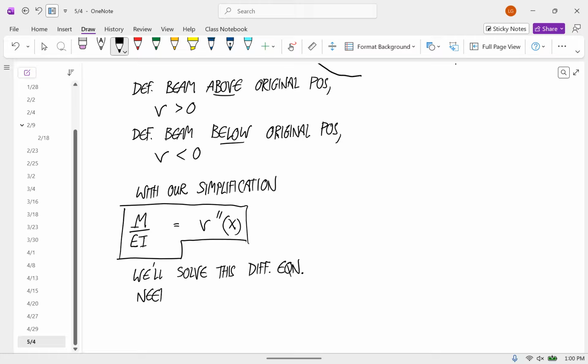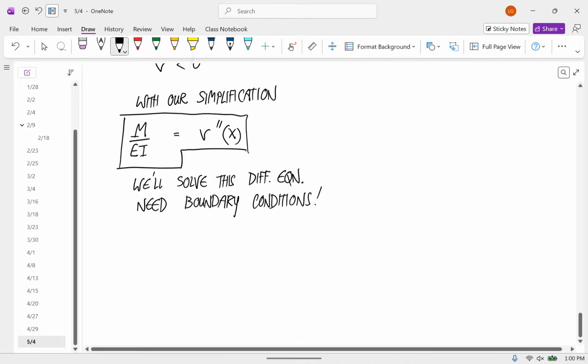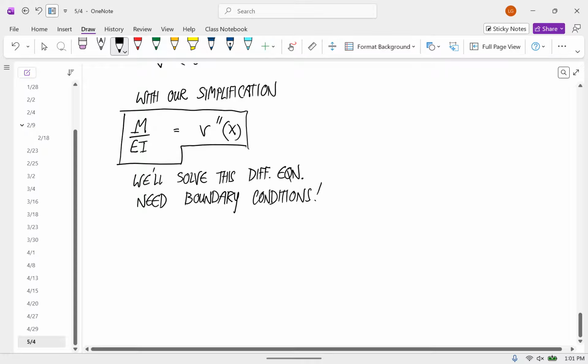And that means that we're going to need boundary conditions. And so our boundary conditions are the following.